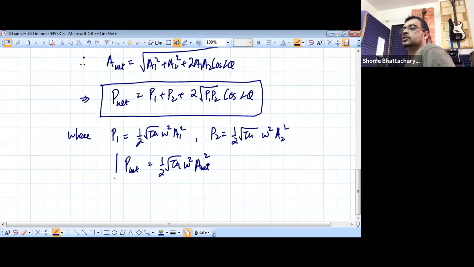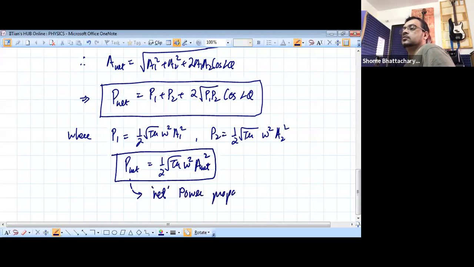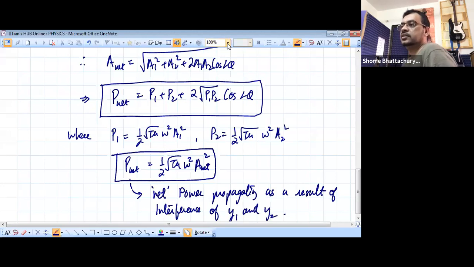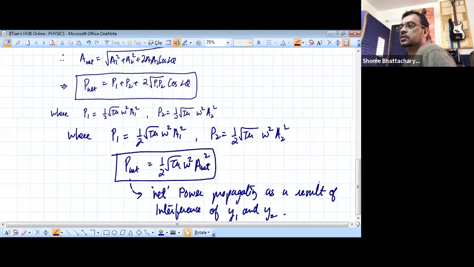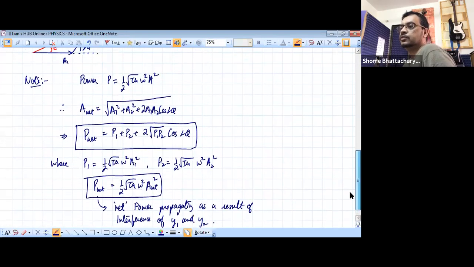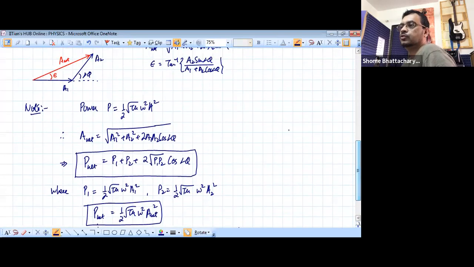Hence, this is the net power propagating as a result of the interference of y1 and y2. This is not anything exceptionally different. It's just writing the formula of net amplitude, which we are already familiar with, in a new form.